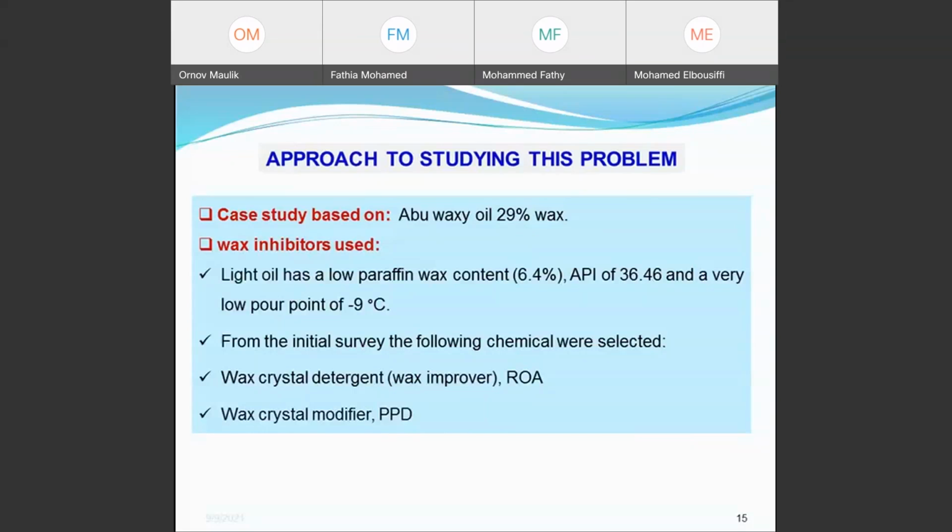So we choose a light oil with about 6.4% wax content, an API gravity of about 36, and a pour point of minus 9 Celsius. We also select a wax crystal modifier called ROA, and another wax crystal modifier called PBD.